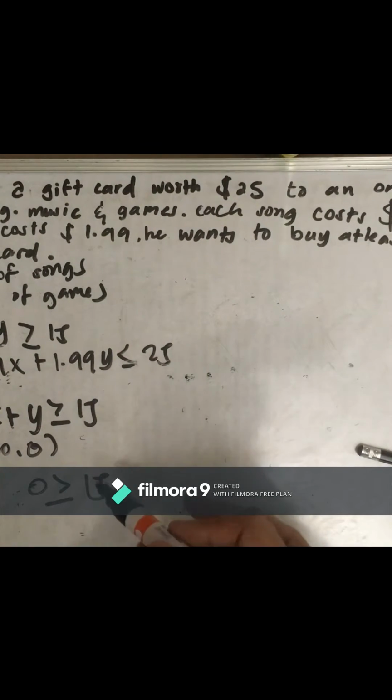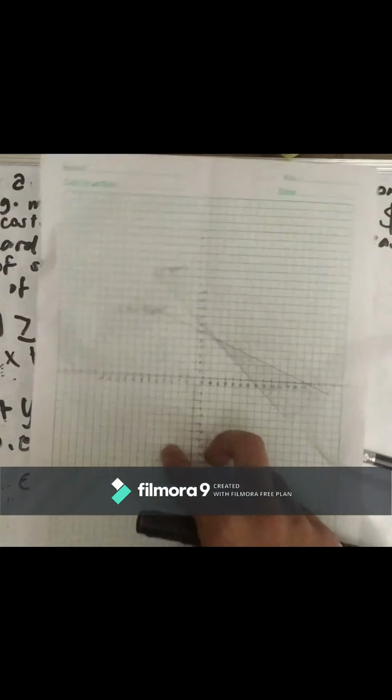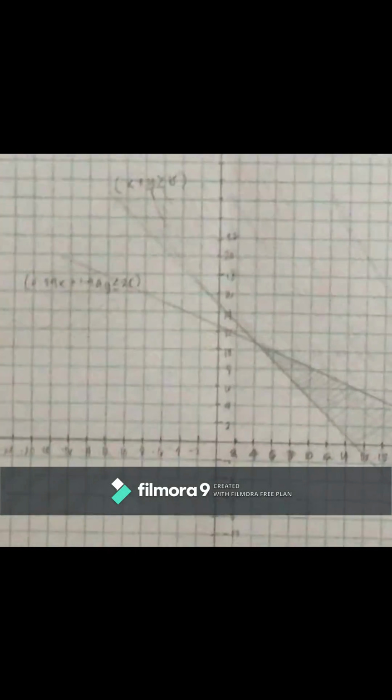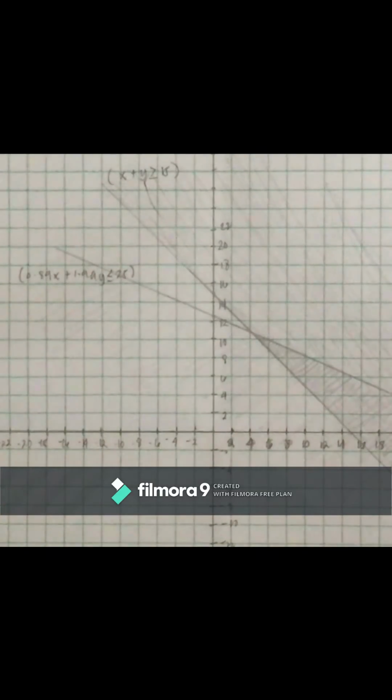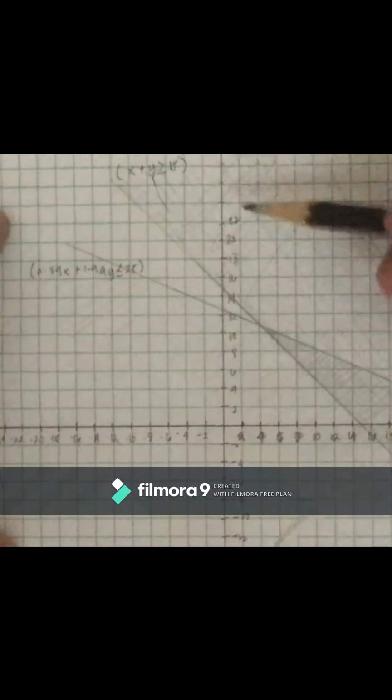This is false because 0 is less than 15. It is not greater than 15. So because it is false, the first equation will be shaded at the top part.